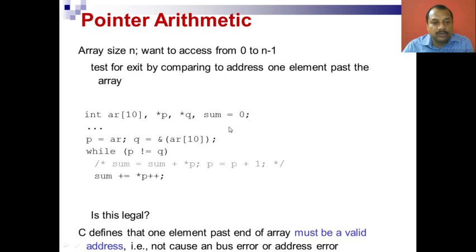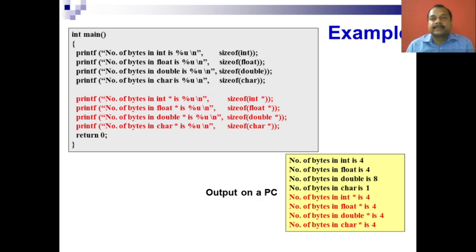While doing that one, do not forget to initialize this array, otherwise this array will take some uninitialized value which we can call garbage. Now C defines that one element past the end of the array must be a valid address, that does not cause a bus error or address error, which generally is denoted to you as segmentation fault, and it is very difficult to debug if there is a segmentation fault.